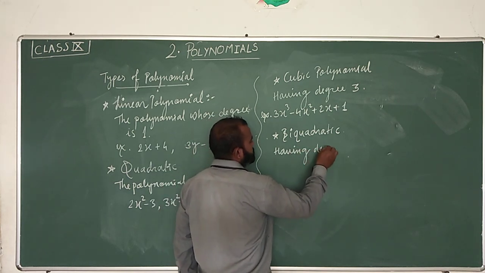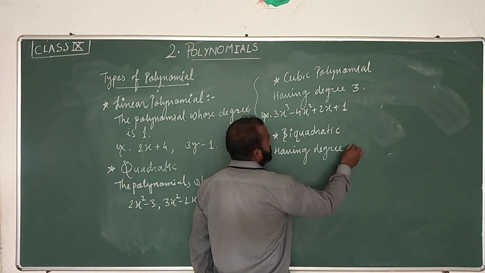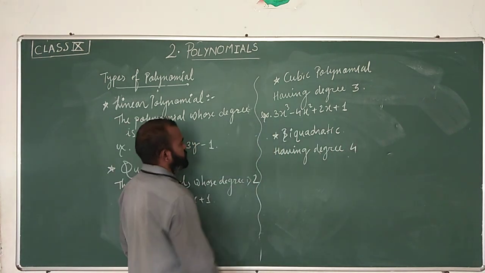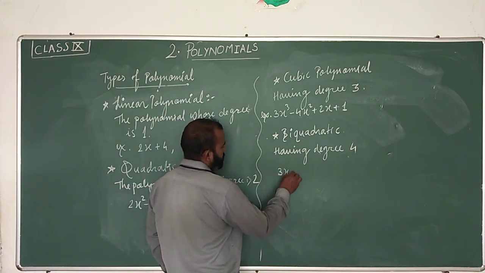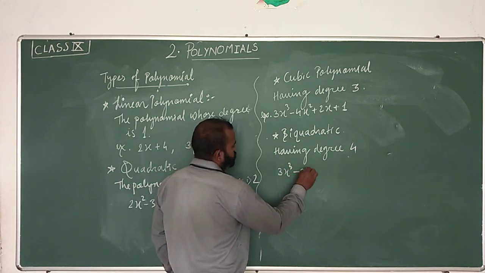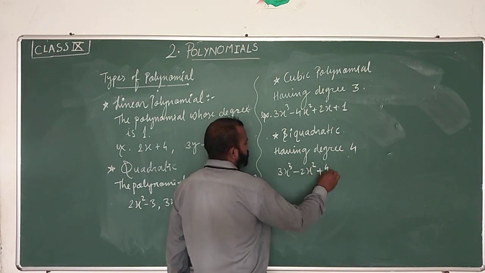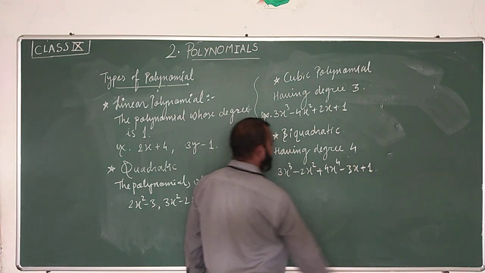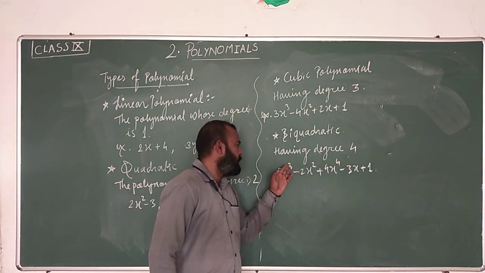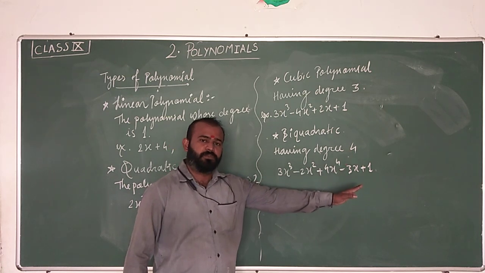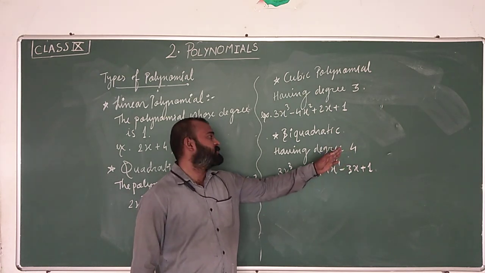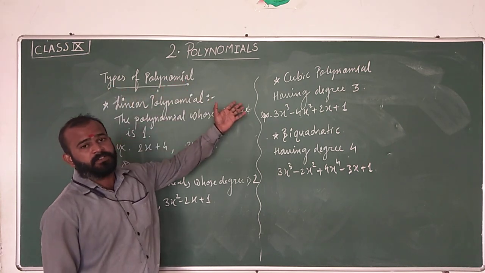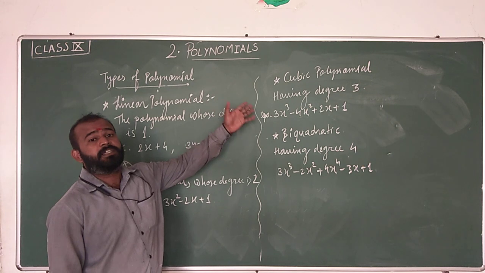Example you can write 3x cube minus 2x square plus 4x to the power 4 minus 3x plus 1. It is not necessary that 4 should be at a particular place, that 4 can come anywhere. Okay, so these are the types of polynomials which are classified under the degrees.